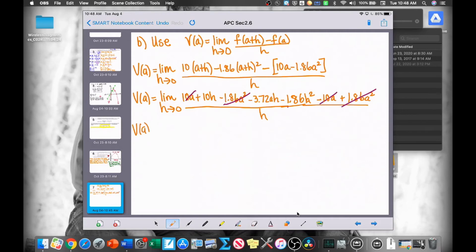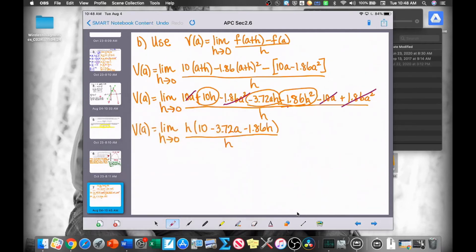So I have v of A is equal to the limit as h approaches 0. And again, I'm just going to take these remaining terms and factor an h out. So it'll be h times 10 minus 3.72a minus 1.86h, and this is all over h.